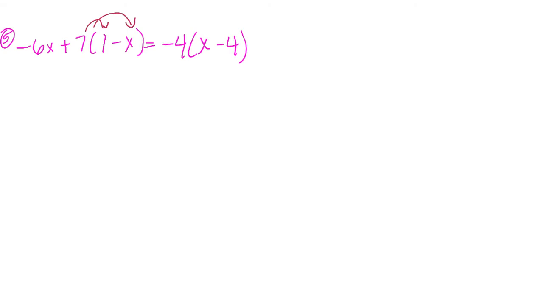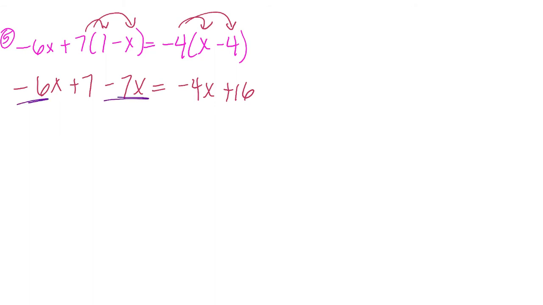All right, let's try another example. This is number 5. Here we've got 2 sets of distributing that needs to happen. So then we need to still combine our like terms on the left.